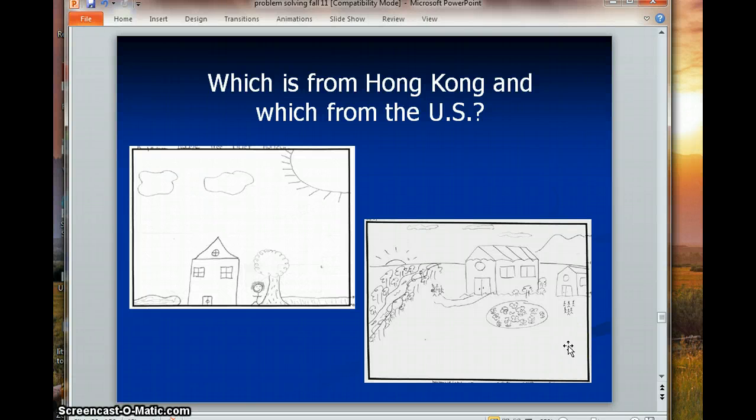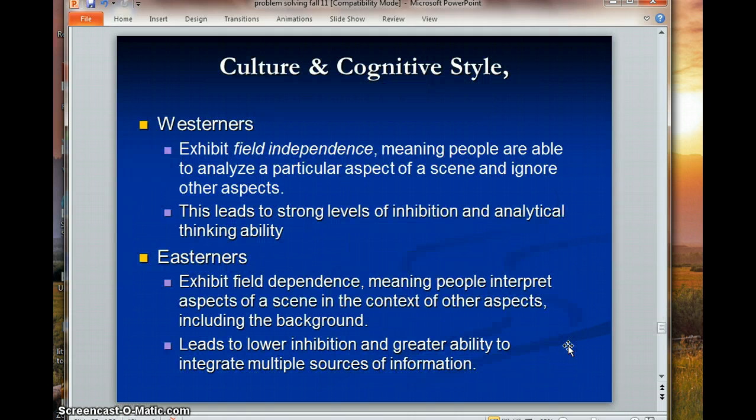These little components that we see just in children's drawings are actually very indicative of some big cognitive differences between people who live in the West, like in the US, and people who live in the East, like in Hong Kong, China, Japan, Korea, and actually in some Latin American countries.